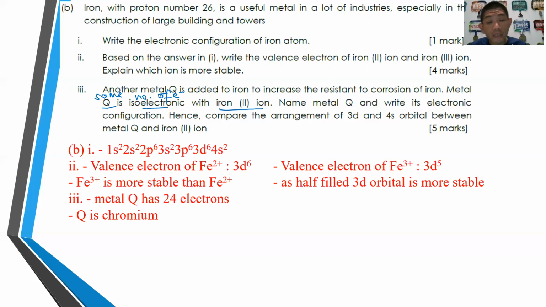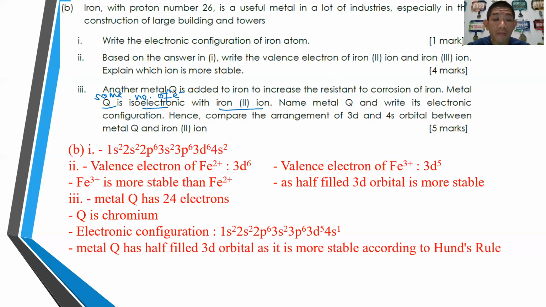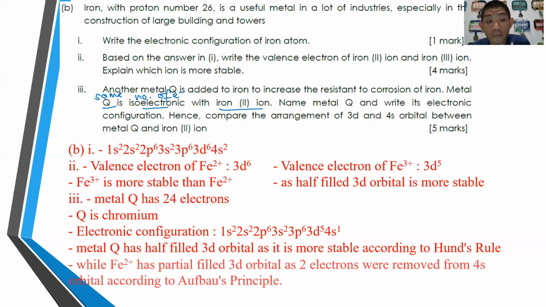The electronic configuration of the atom Q is 1s2, 2s2, 2p6, 3s2, 3p6, 3d5, 4s1. You also have to mention that metal Q has a half-filled 3d orbital, which is more stable. When they say isoelectronic, you must know that they have the same number of electrons, though with a different arrangement.